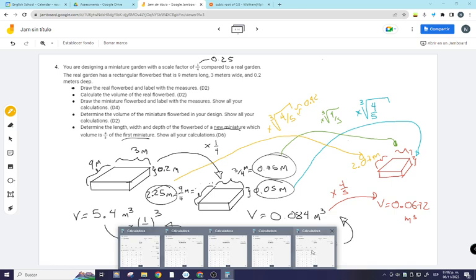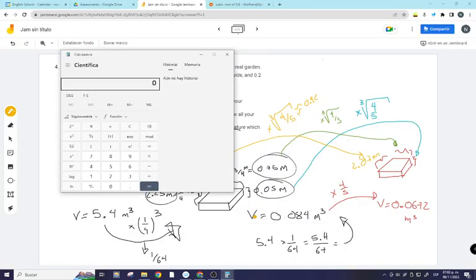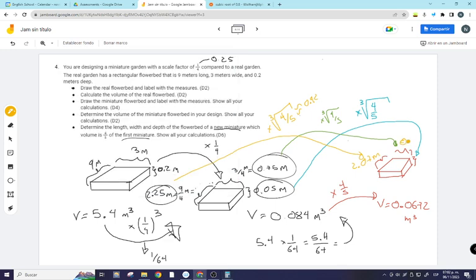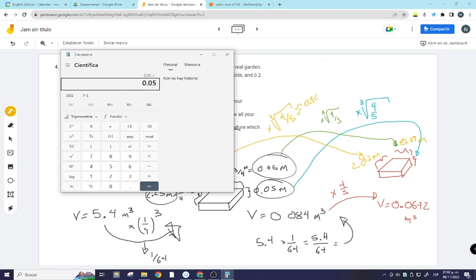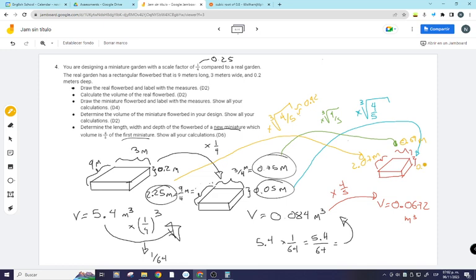Now, 0.75 times 0.92, 0.69 meters. And 0.05 times 0.92, 0.046 meters. And those are the new measures of the second miniature.